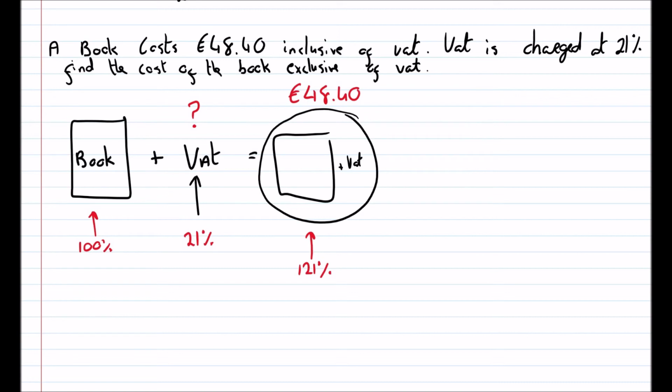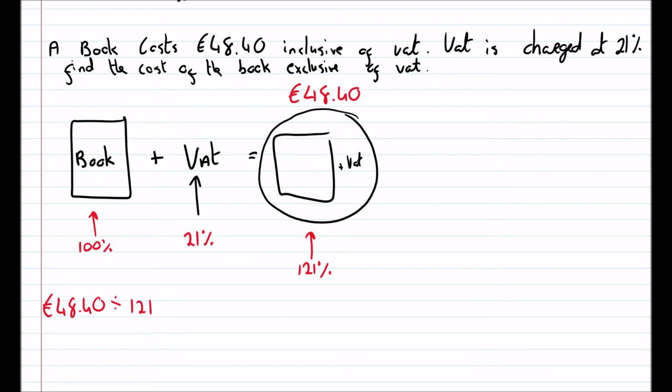If I could find out what the VAT is, I could just take it off the 48.40 and I would be left with the price of the book. How am I going to find the cost of the VAT? Well, have a think. This 48 euros 40 cent is 121%. If I could find 1% of this and then multiply that 1% by 100, that would be the cost of the book. So let's do that. We'll divide by 121.